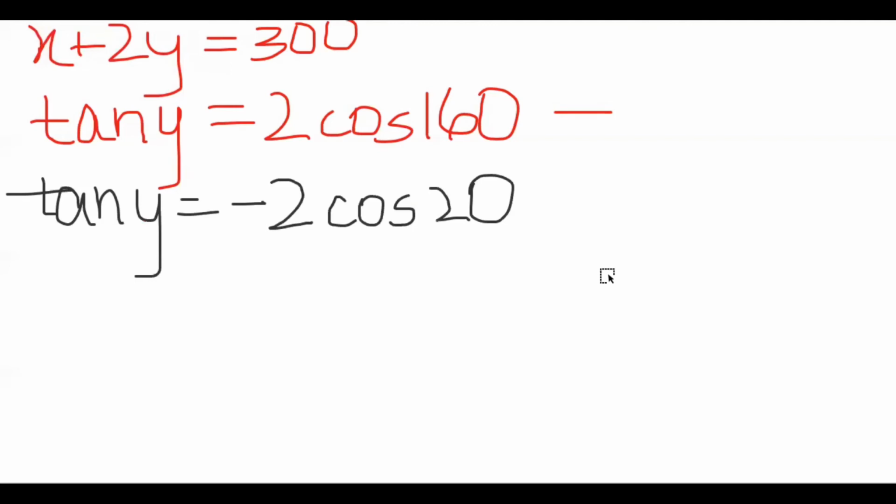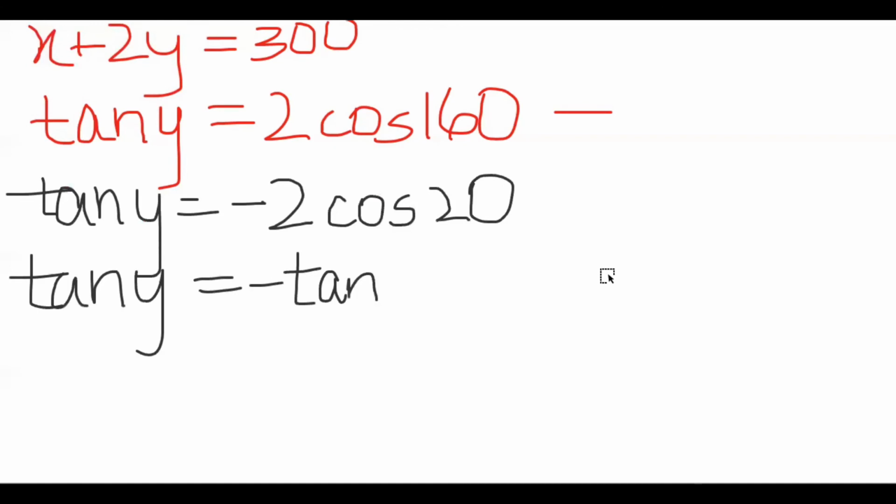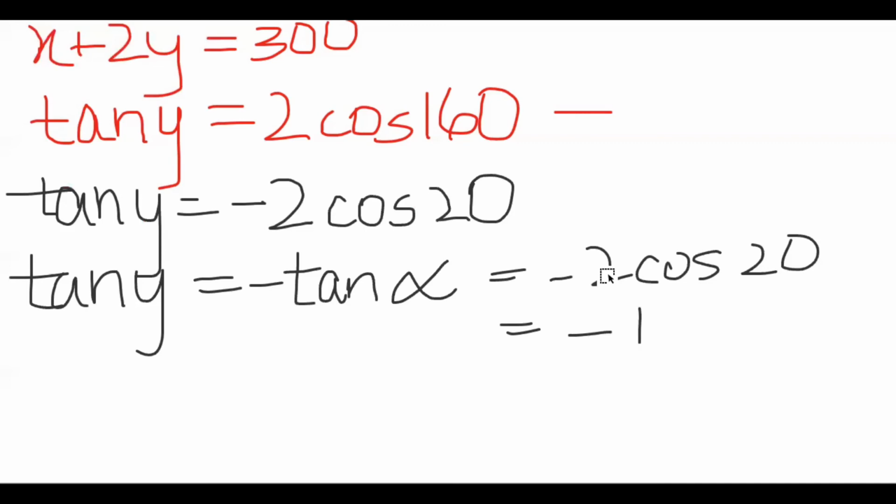Now that we have tan as negative, tan is negative in the second and the fourth quadrant. So we have this identity: tan y is equal to negative tan alpha, and negative 2 cos 20. The value of negative 2 cos 20 comes as negative 1.88, and we have this as the tan alpha.